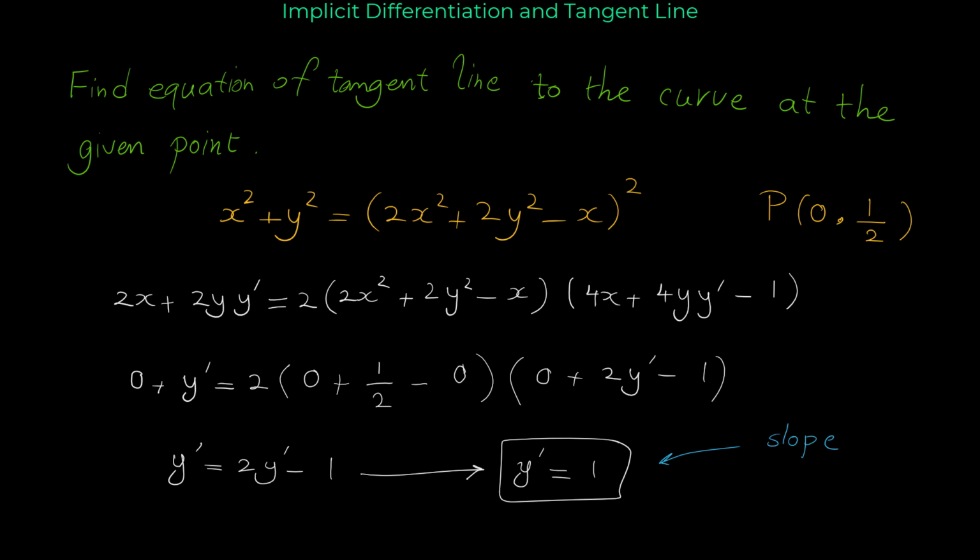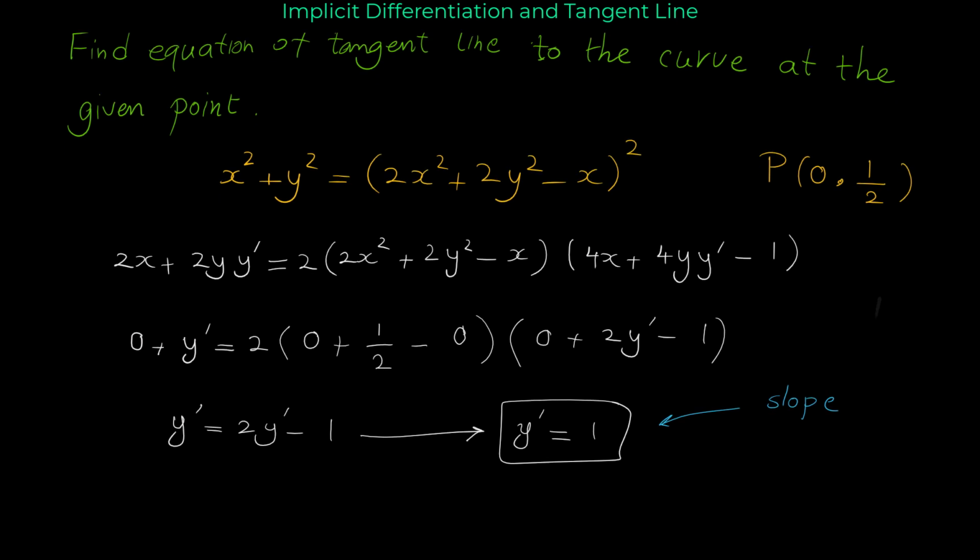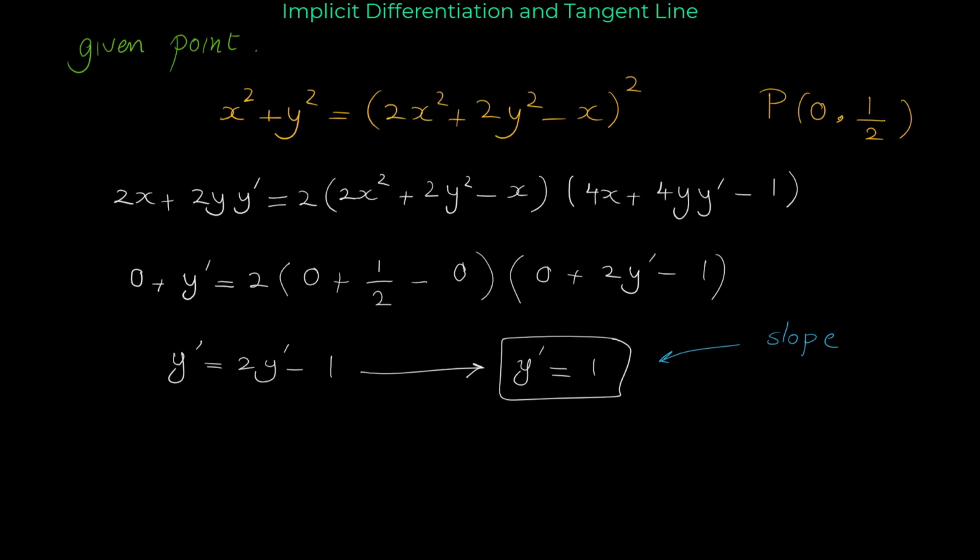And now that we have the slope of the tangent line, simply we can write the equation of the tangent line at the given point. Let me remind you of this formula for writing the equation of a line in general.